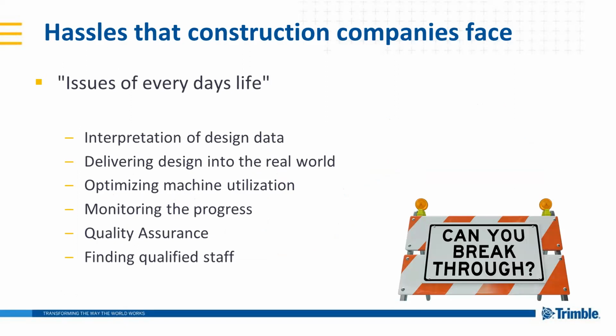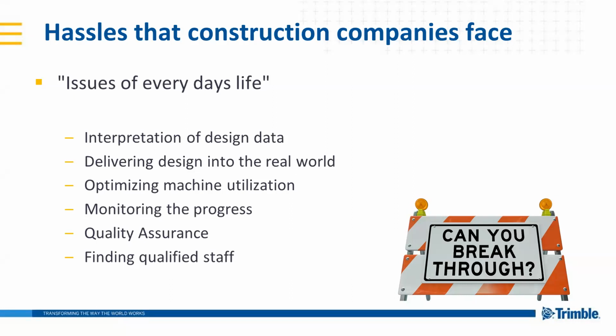So issues that we see pretty often are, for example, the interpretation of design data. Often construction companies only get 2D data or PDF or even just paper plans. We need to get good 3D data out of that. So that's a big hurdle on site. The next topic is, of course, delivering design into the real world.